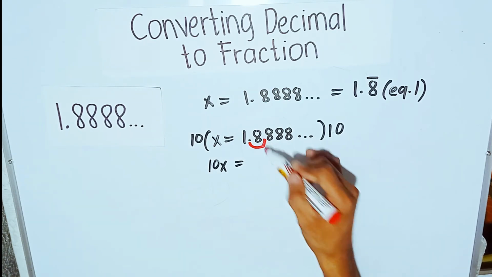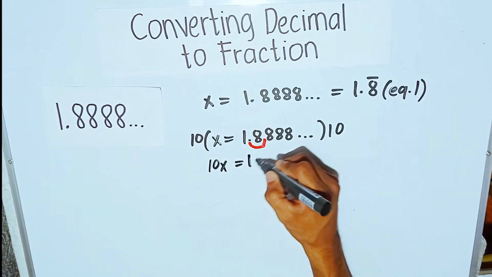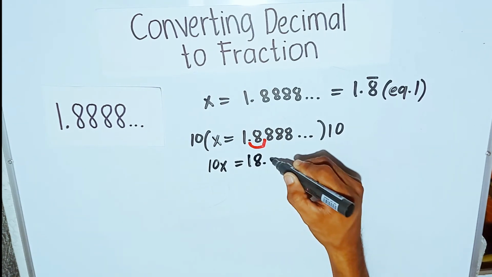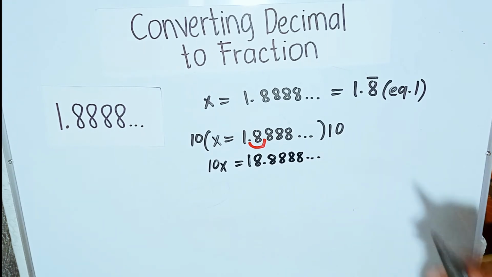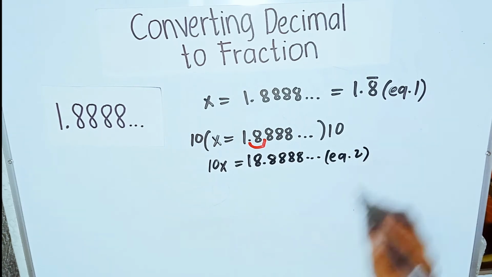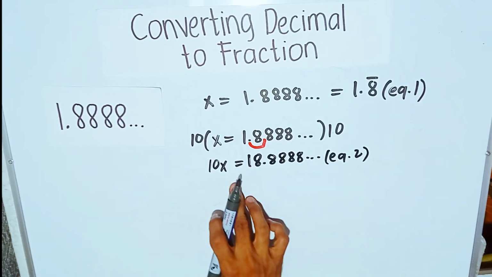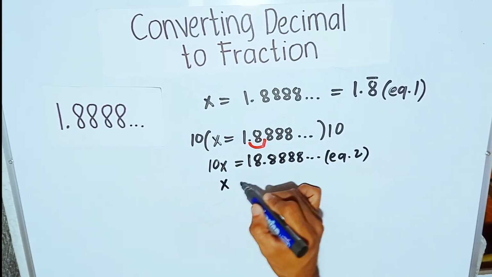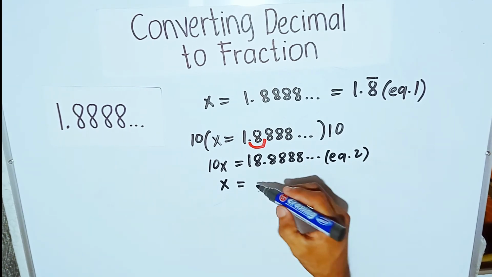So, magkakaroon na tayo ng 18.8888. Eto na yung magiging equation number 2 natin. After that, kunin na natin yung equation 1 and then ilagay na natin dito. So, meron tayong x is equals to 1. I-align natin.